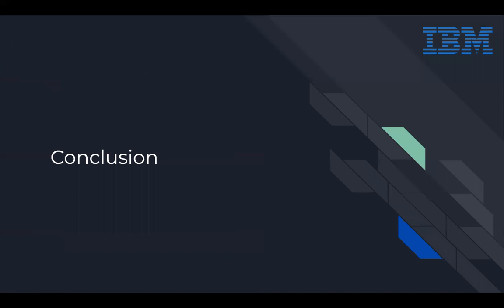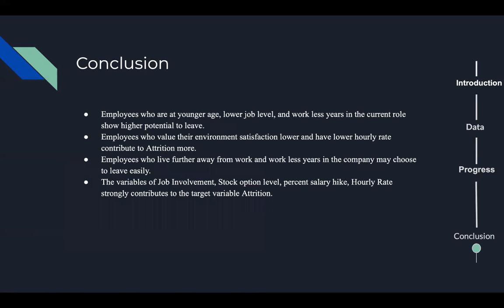Now let's come to the conclusion. Based on our analysis and our data set, we can easily come to some summary points. The first one: employees who are at a younger age, work at a lower job level, and have worked fewer years in the current role show a higher potential to leave. Employees who value their environment satisfaction with a lower score and also have a lower hourly rate strongly contribute to attrition too.